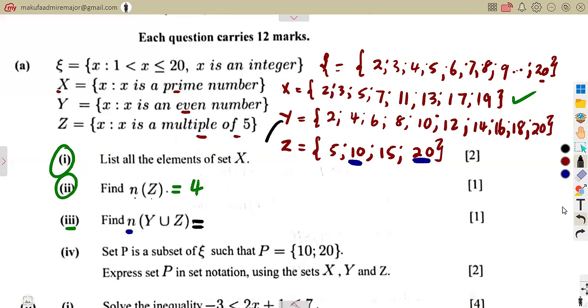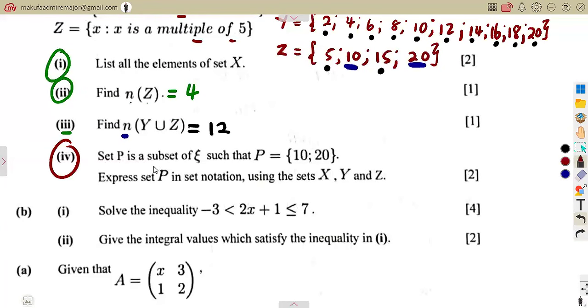Remember, you combine, but as you combine, you don't repeat these numbers. So it's going to be 1, 2, 3, 4, 5, 6, 7, 8, 9, 10, 11, 12. So these are 12 elements. You do not repeat the 10 and the 20 because you counted them in the set Y. So they are 12.